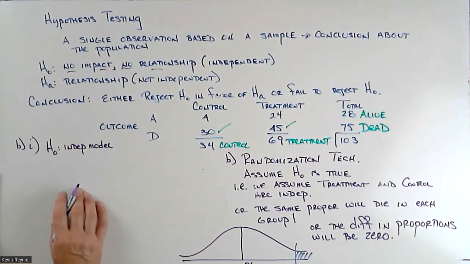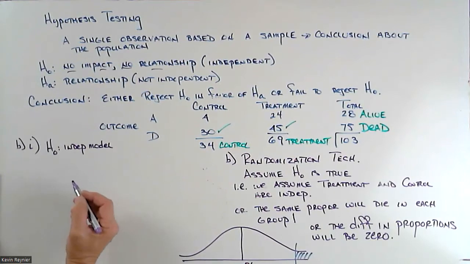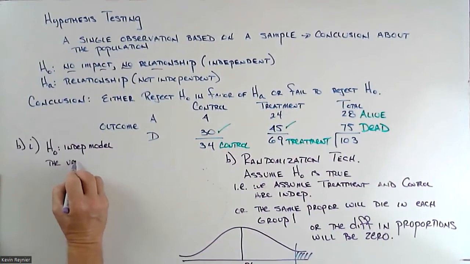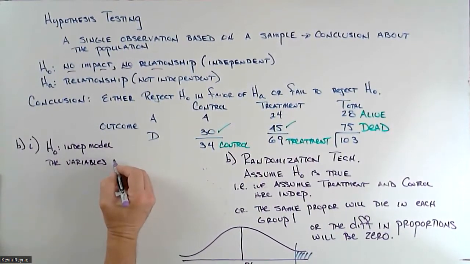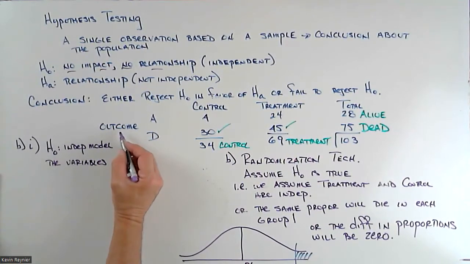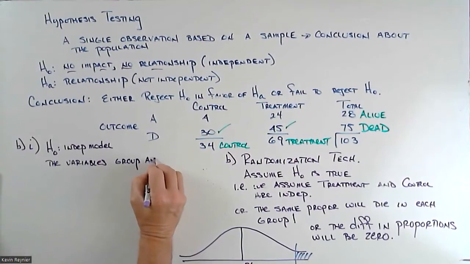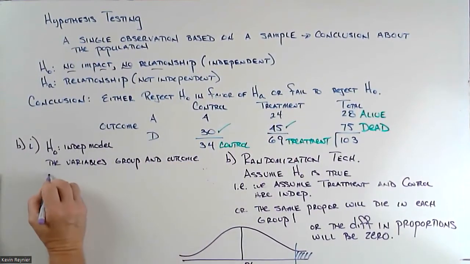So we say the variables, and what are our variables called? We have outcome and we have group. So the variables group and outcome are independent.